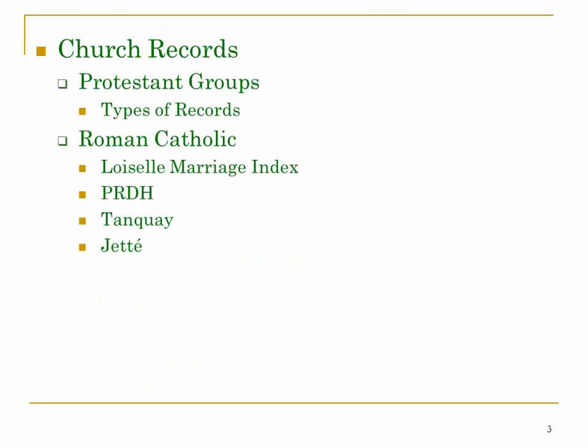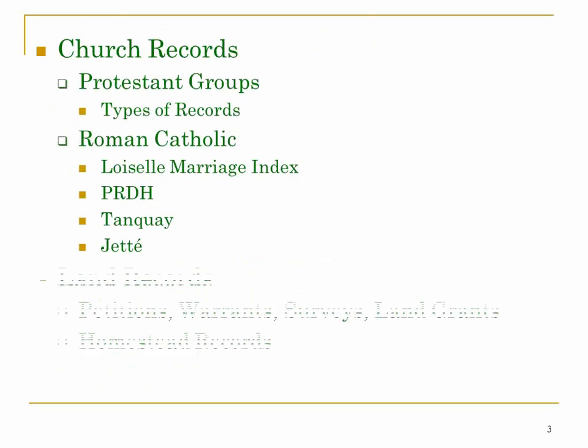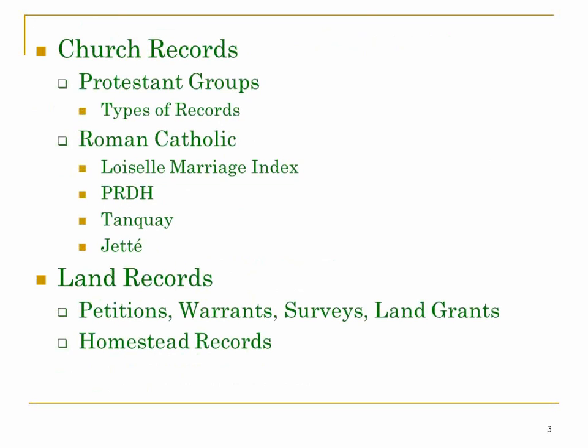We're also going to talk about some church records, and there are different types of church records available. And the last, but not least, is some land records. They have very, very valuable, helpful information. And then, of course, we'll have questions and answers at the end.